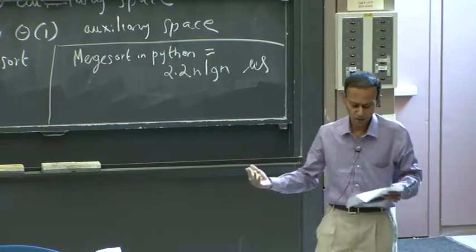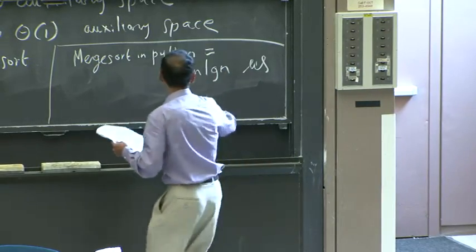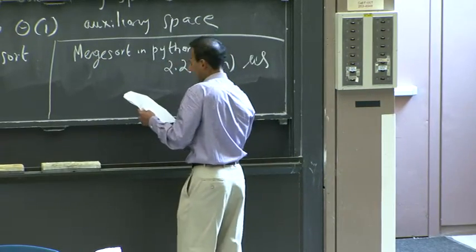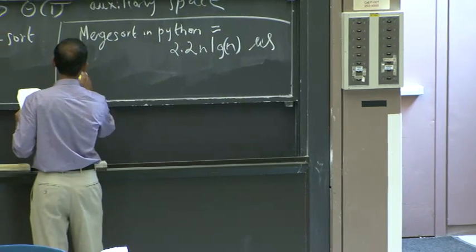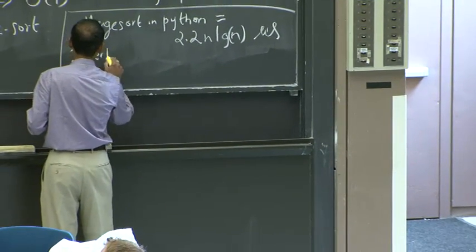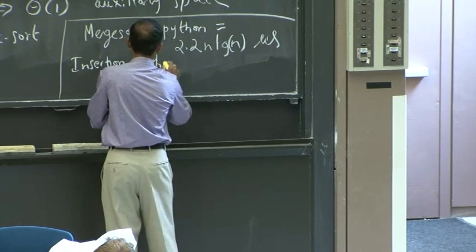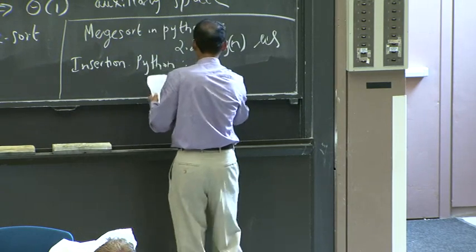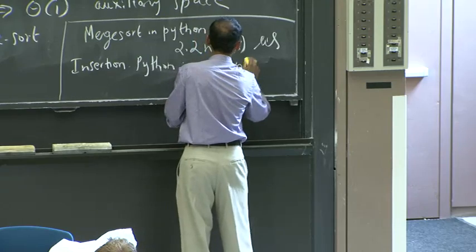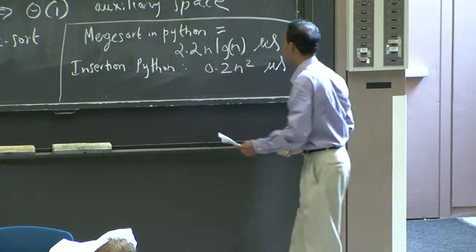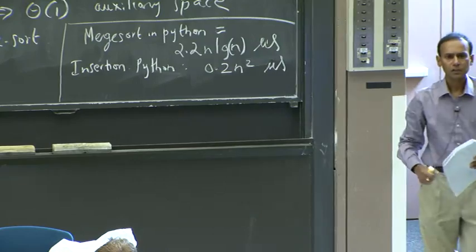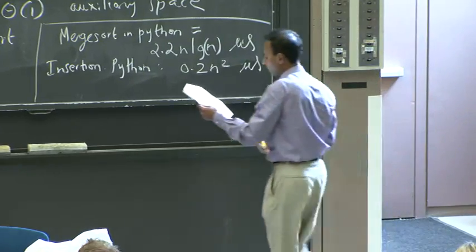So this is the merge sort routine. And if you look at insertion sort in Python, that's something like 0.2 n square microseconds. Okay? So you see the constant factors here.